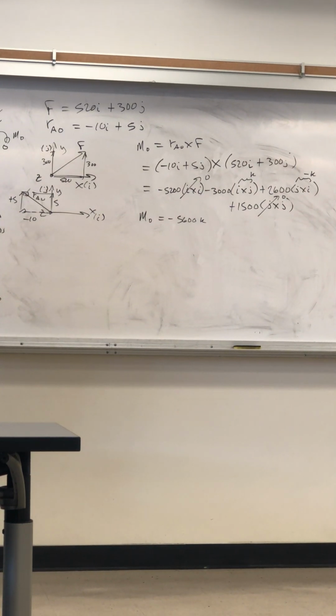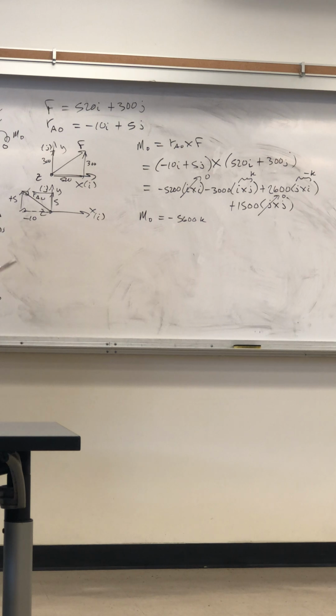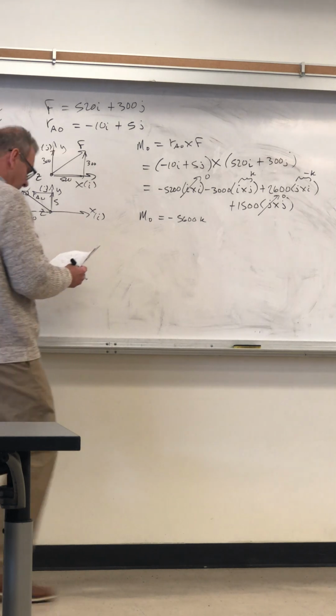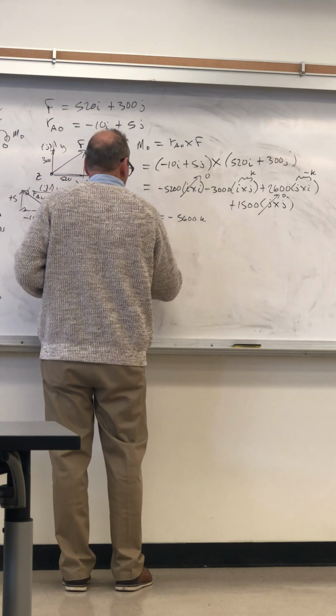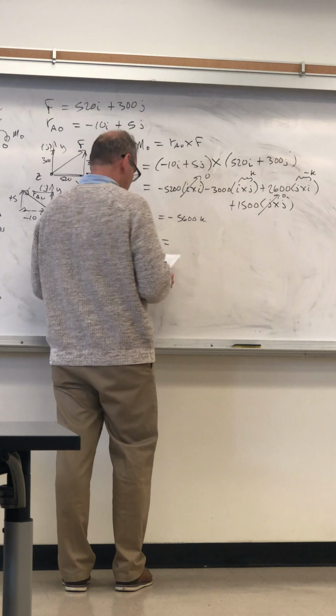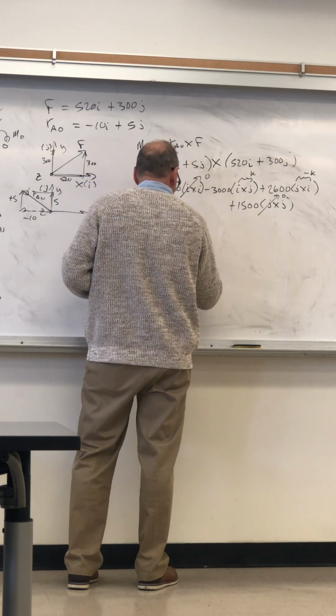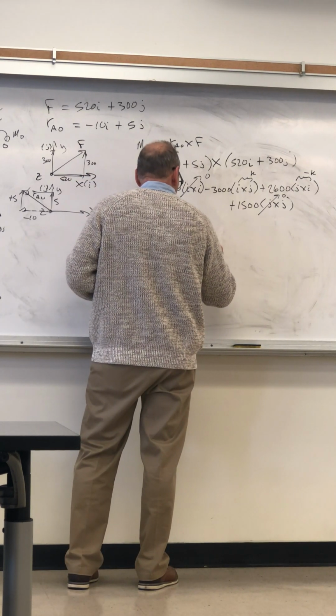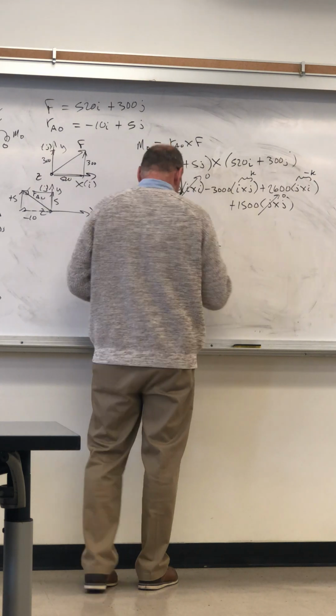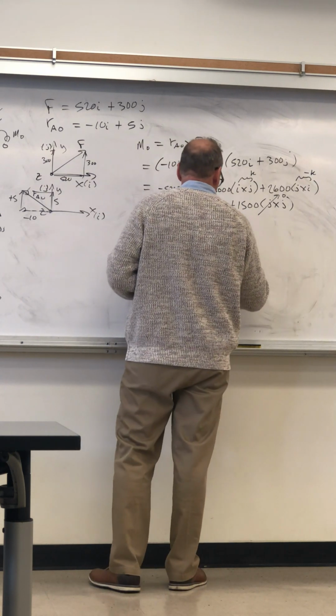If we look at it, the K has to do with this coming out of the board. Let's see. Just say, therefore, M sub O is 5,600 kip feet in this direction.